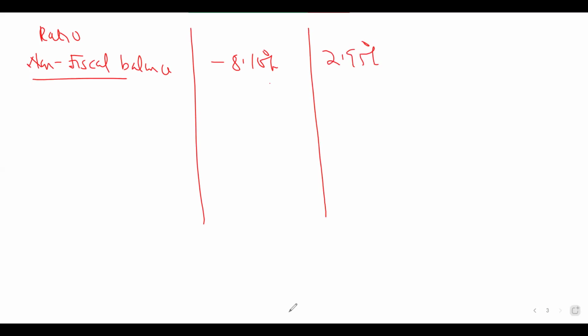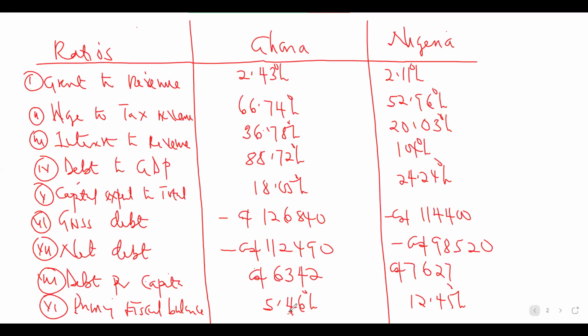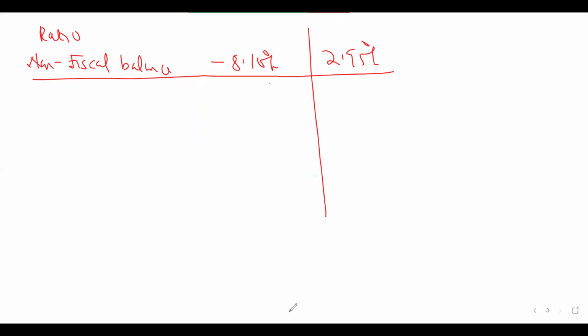So you can see that Nigeria's will be an addition to the GDP, but Ghana's will be a subtraction. We have to take 8.10 from our gross domestic product to pay this particular amount. Please, the ratio is going to define itself for you, so you don't have to memorize.